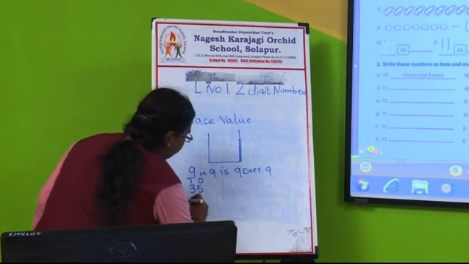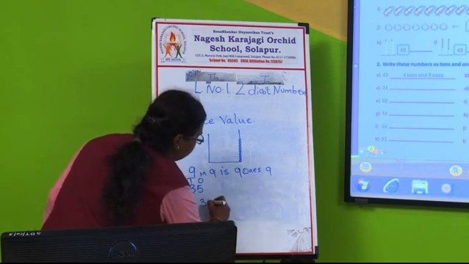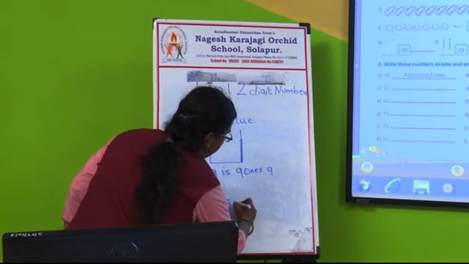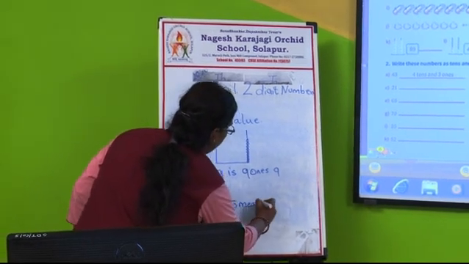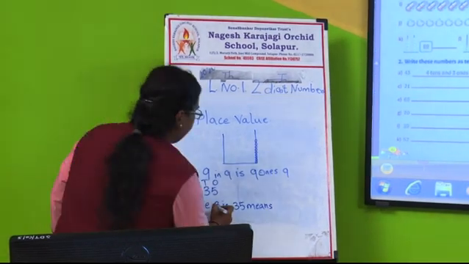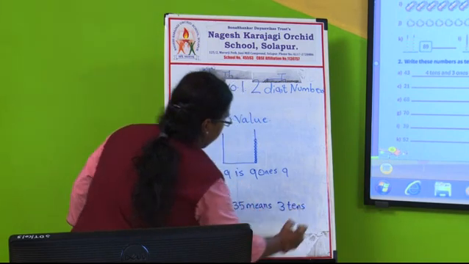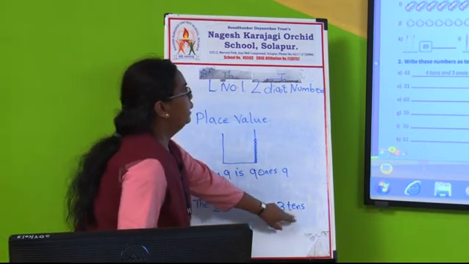So the 3 in 35, what will you call the place value of 3? It means 3 tens.